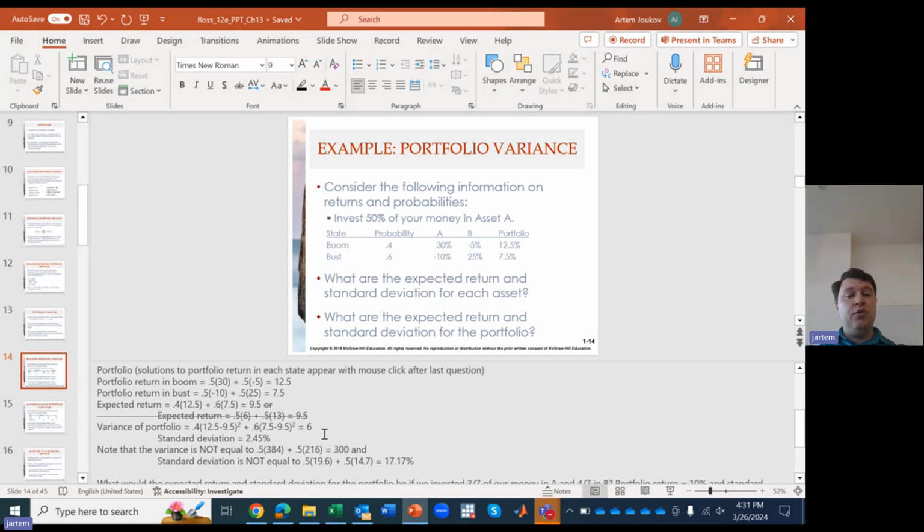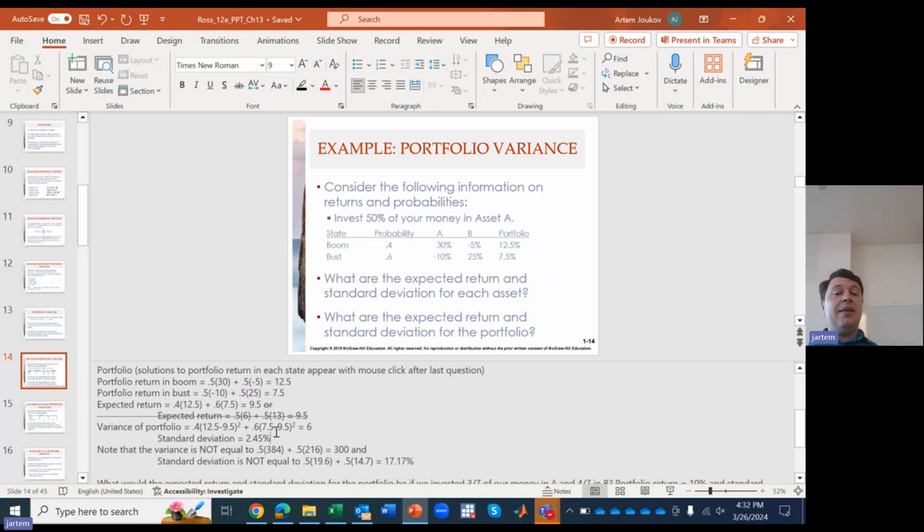You multiply it times the squared difference between the return in a bust cycle for this portfolio and the average return for the portfolio. Square it, and then add the two together. That should give you 6% squared. When you take the square root of 6, you get a standard deviation of 2.45%. That's pretty good. That's not a whole lot of volatility.